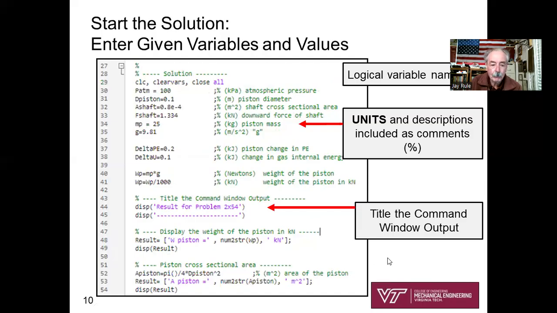Then I started my work, and please do see, I'm trying to showcase a way to solve thermo problems in MATLAB. I created logical variable names, just a little common sense 101. When I was an undergraduate and started programming, my variables were A equals 100, B equals 0.1, C equals 0.8, E minus 4.